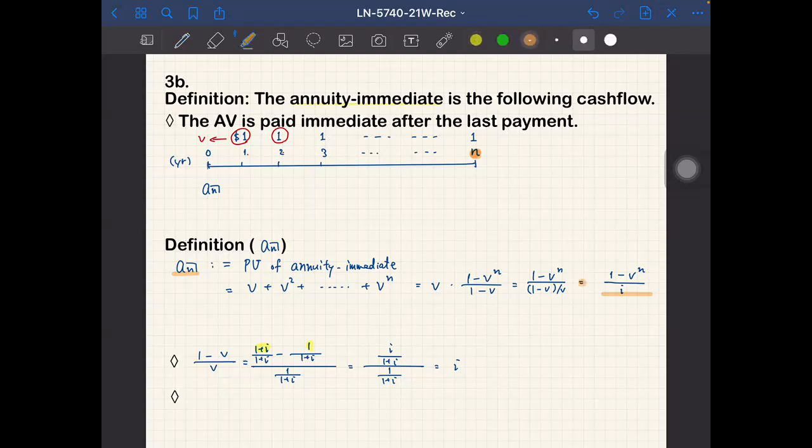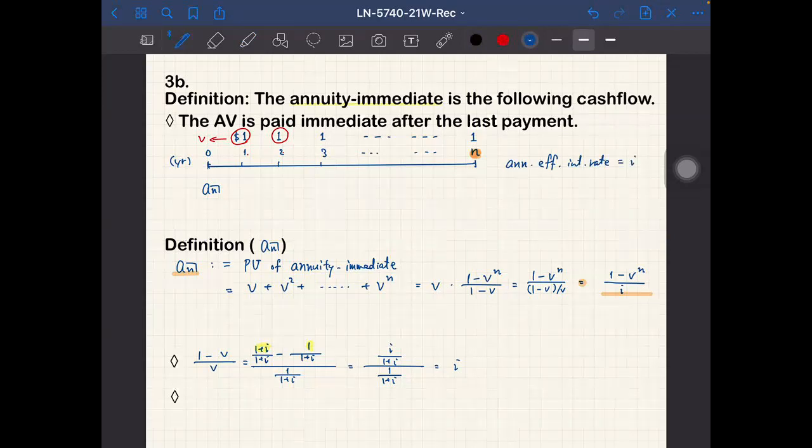Yeah, and here the annual effective interest rate is a constant i.